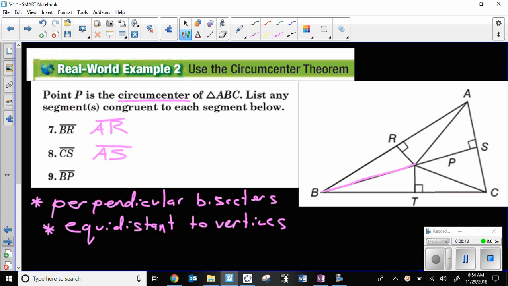So, I'm looking for point P out to each point on the triangle where my angles are formed. So, for example, BP should be congruent to PA and PC. We'll write both of those down as well. PA and PC are going to be congruent to it.